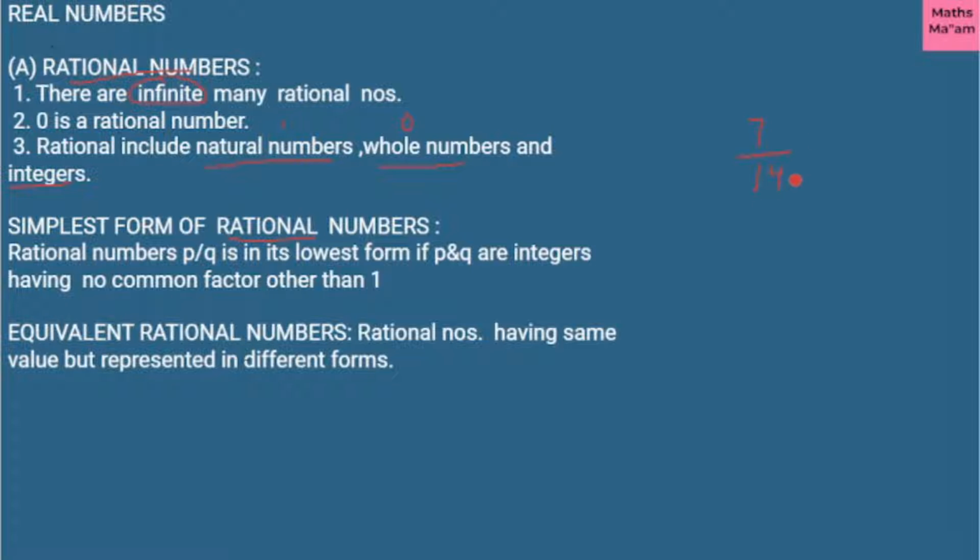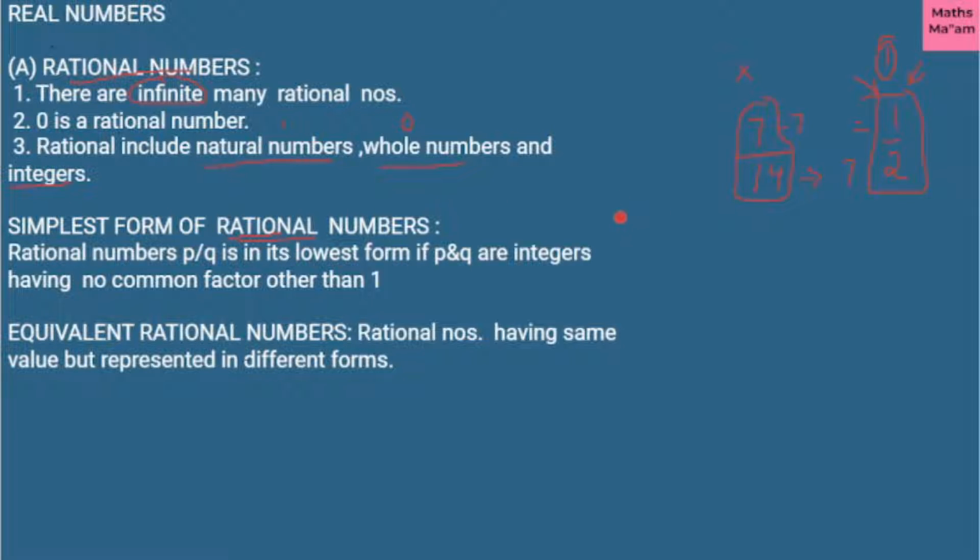Here 14 has a common factor, that is 7, and 7 also has the common factor, so this fraction is not in its lowest form. The lowest form of this fraction is 1 by 2. If we cancel 7 by 7 and divide 14 by 7, we get 1 by 2, and these two numbers have only one common factor, that is 1. So this is the simplest form of a rational number.